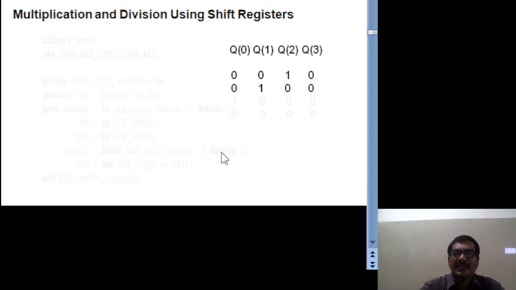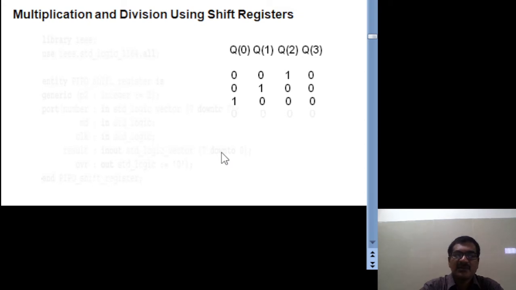Previously the register contained the decimal value 2. Now it contains the value 4. That is, by 1 bit shifting we get a multiplication operation by 2. Similarly, if I shift one more bit towards the left hand side direction, the new data in the register is 1000, that is 8.